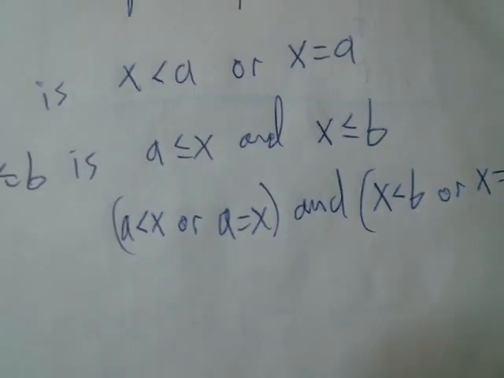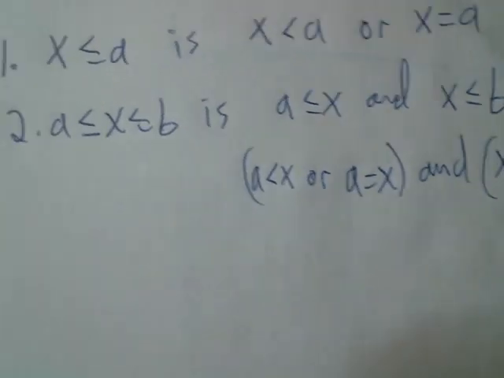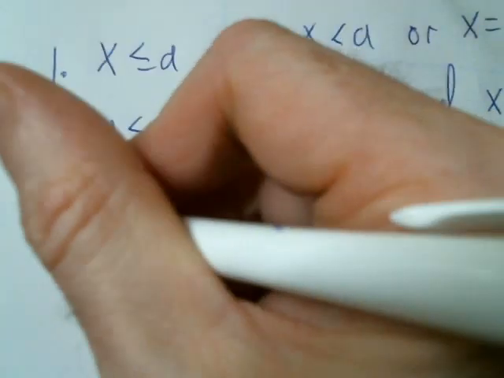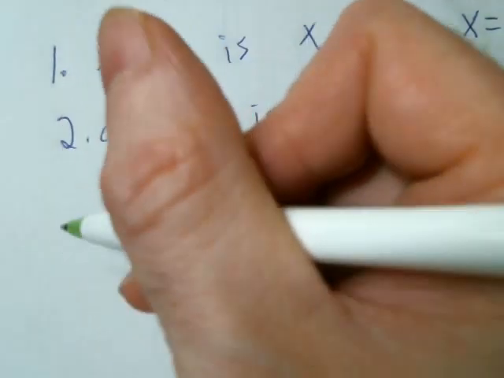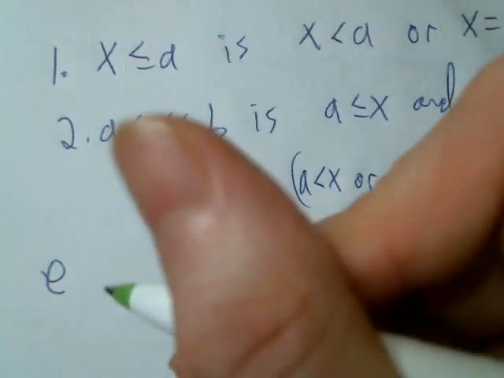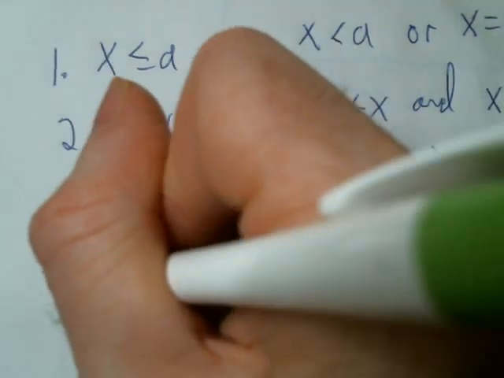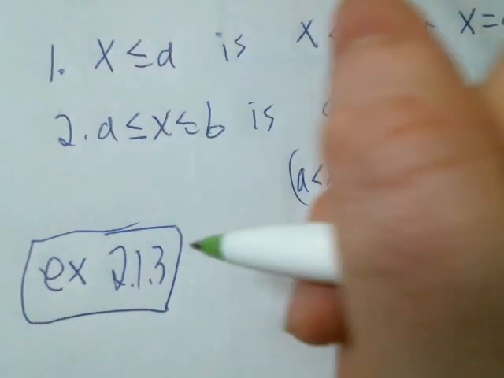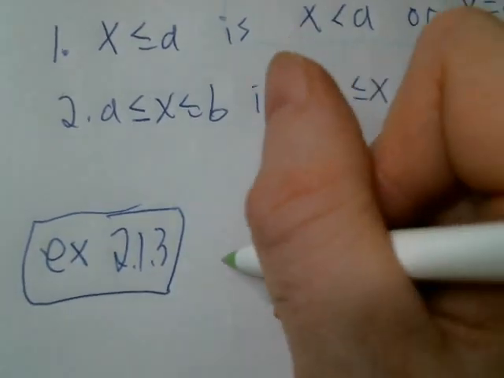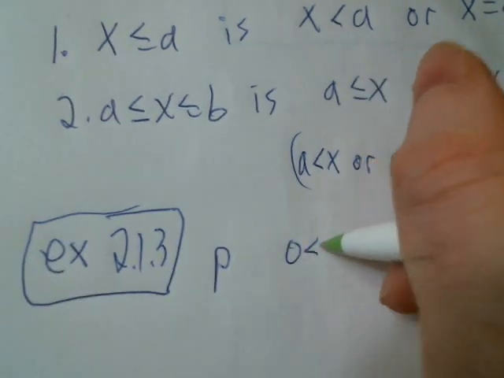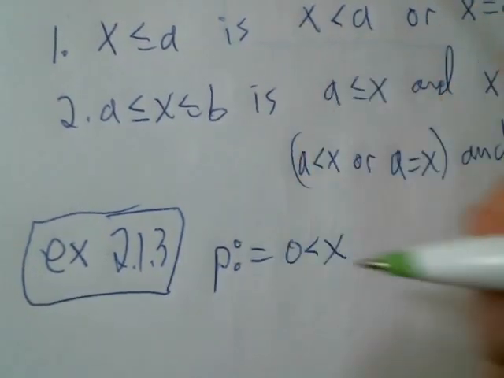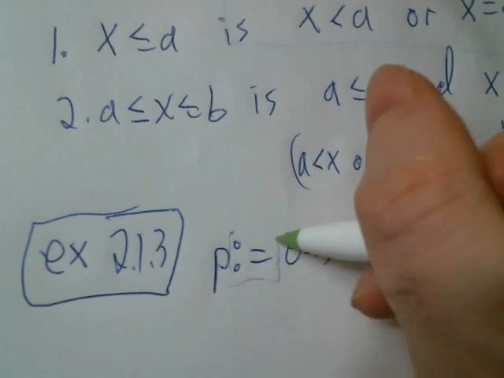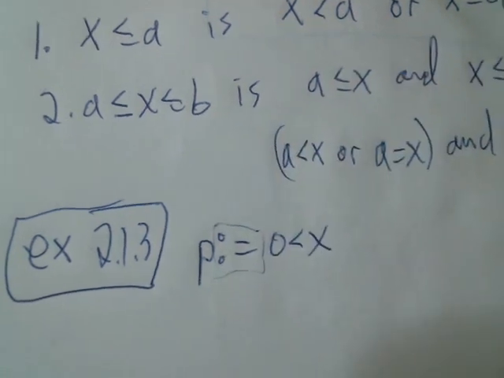Okay, so anyways, let's look at an example where they play around with this idea, and I believe they just want you to do a translation into statement variables. So example 2.1.3, they say let the statement P be 0 less than x, and I'm going to use that symbol to say this statement is defined as.